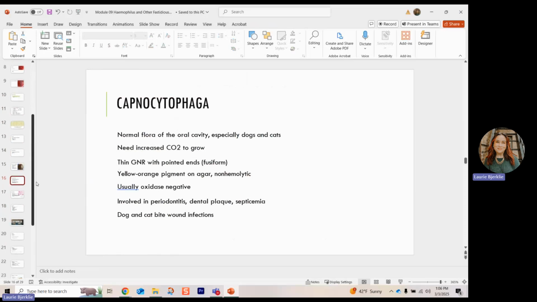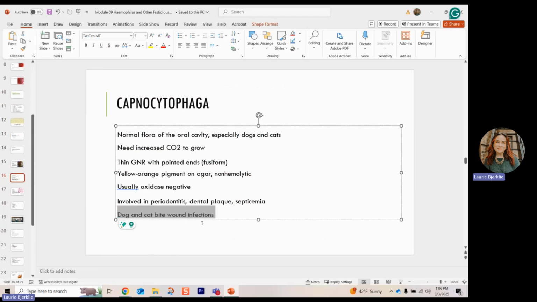Capnocytophaga is an organism that is found as normal flora of the oral cavity, and also needs increased CO2, capnophilic, to grow. This is mainly found, especially in the oral cavity, of dogs and cats. I should say that, I didn't say that yet, but it's mainly found with animals. So as a result, think about what it's going to cause for an infection. Anytime an animal bites you, it can pass its normal flora to your bite wound and cause an infection.